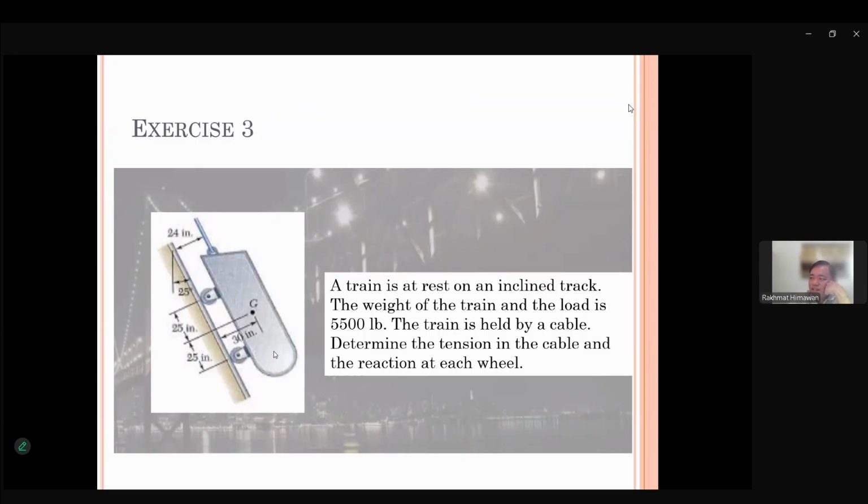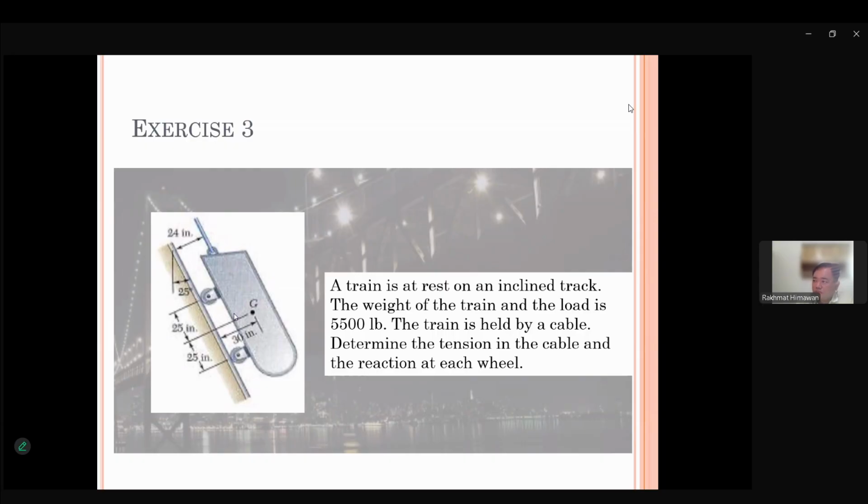The weight of the train and the load inside the train is 5,500 pounds, and the picture shows us where the center of this weight is. The train is held by a cable, this cable. Determine the tension in the cable and the reaction at each wheel, assuming that it's in equilibrium.